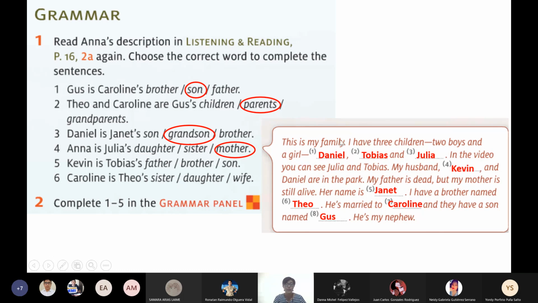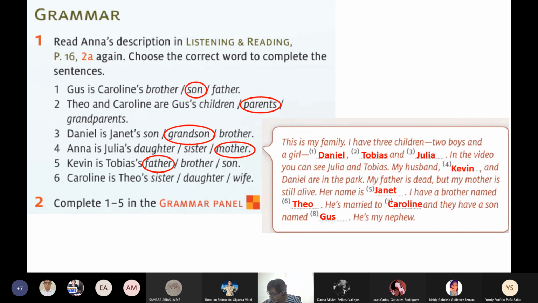Yes, Jordi? Anna says that she has 3 children: Daniel, Tobias, and Julia. And Anna says that she has a husband. My husband, Kevin. So what's the relationship between Kevin and Tobias? Entonces sería father. Father, right? Kevin is Tobias' father. Yeah? Kevin is the father of Tobias. Thank you, Jordi.